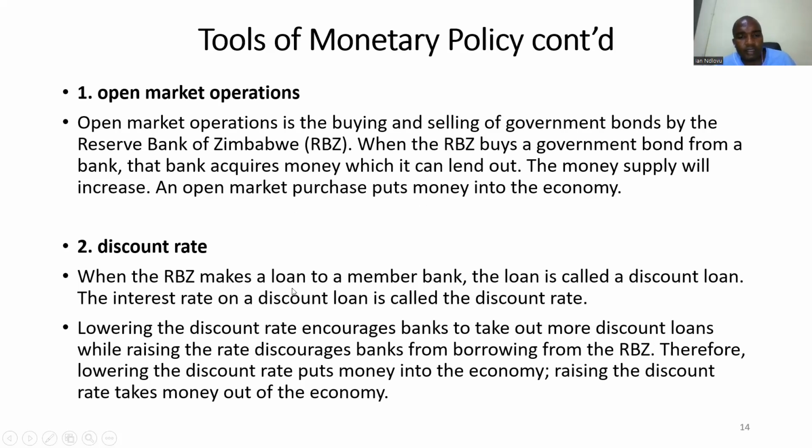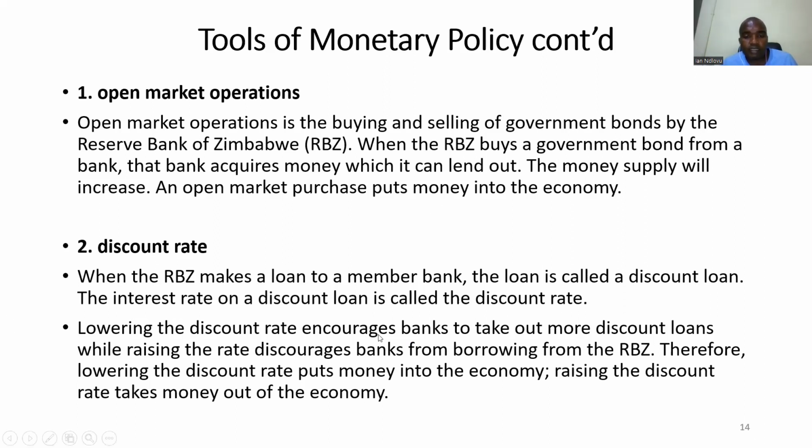When the central bank makes a loan to a bank, the loan is called a discount loan. The interest rate on a discount loan is called the discount rate. So that's why the interest rate of the central bank is called the rediscount rate, or just the discount rate, which I didn't explain yesterday since we were just introducing.